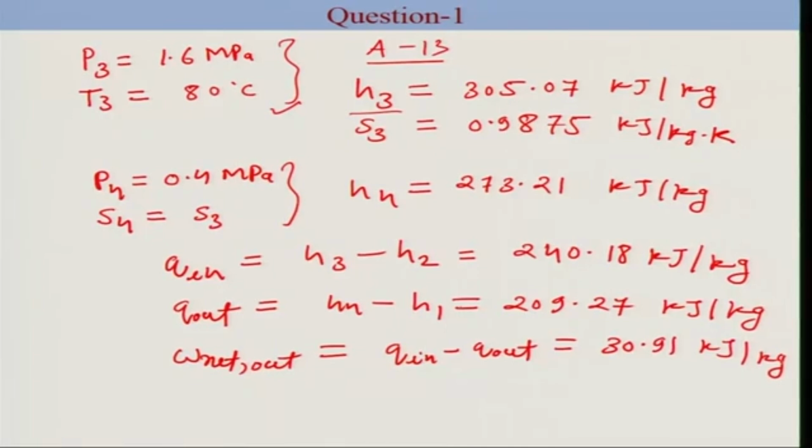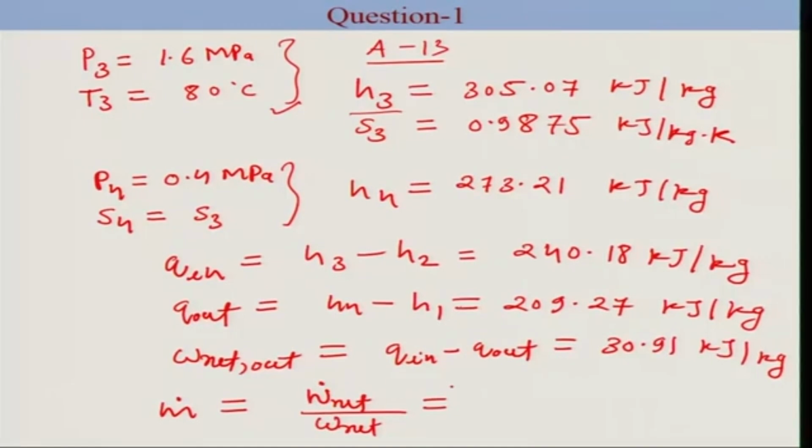From here we can calculate mass flow rate of refrigerant equal to power coming out of the cycle divided by the net work per kg.